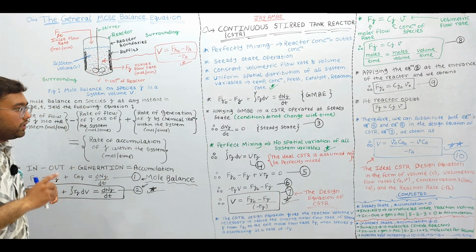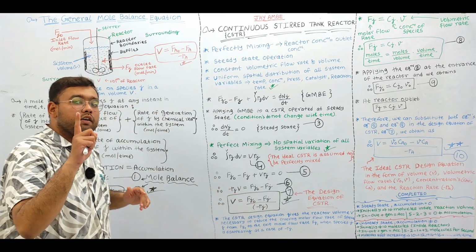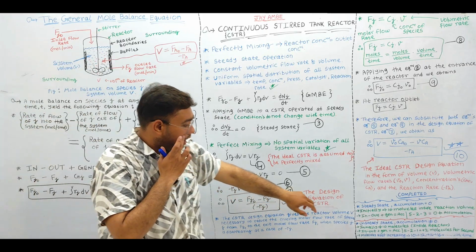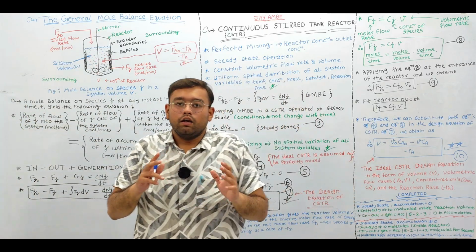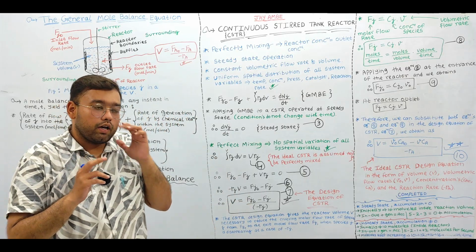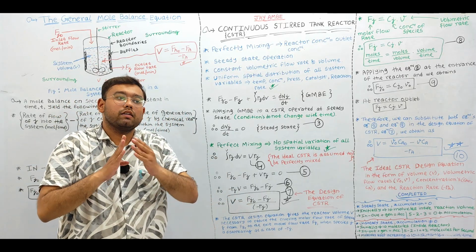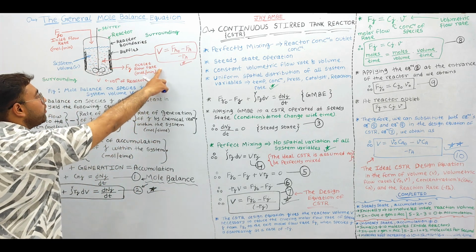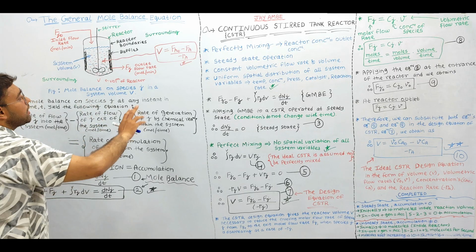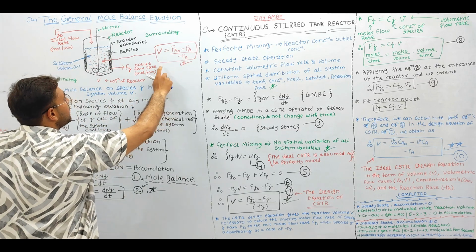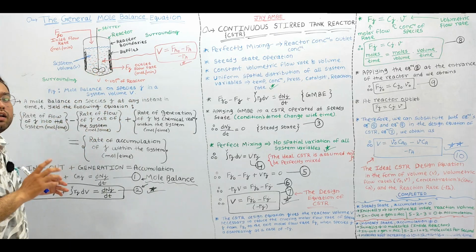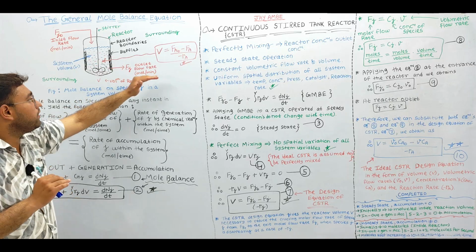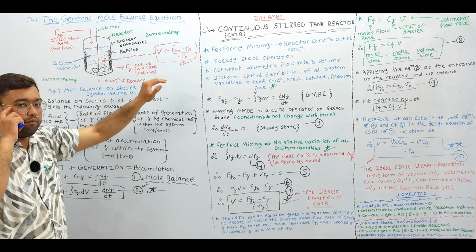So the inlet term is 5 molecules, 5 minus, and 3 molecules are consumed, and 2 molecules are just exiting the reactor through the outlet stream. Those 2 out of 5 molecules are not taking part in the reaction, and they are just leaving the reactor system through the outlet stream.